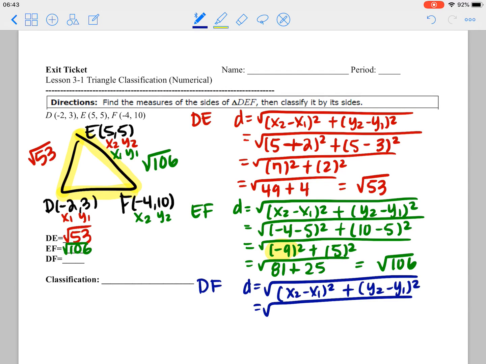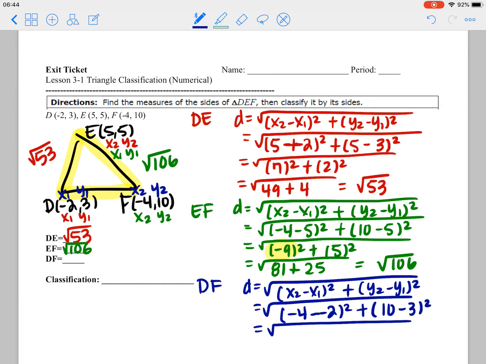Come back and substitute. Before substituting, you have to label your x1, y1, x2, y2. So this will be negative 4 minus a negative 2 squared plus 10 minus 3.